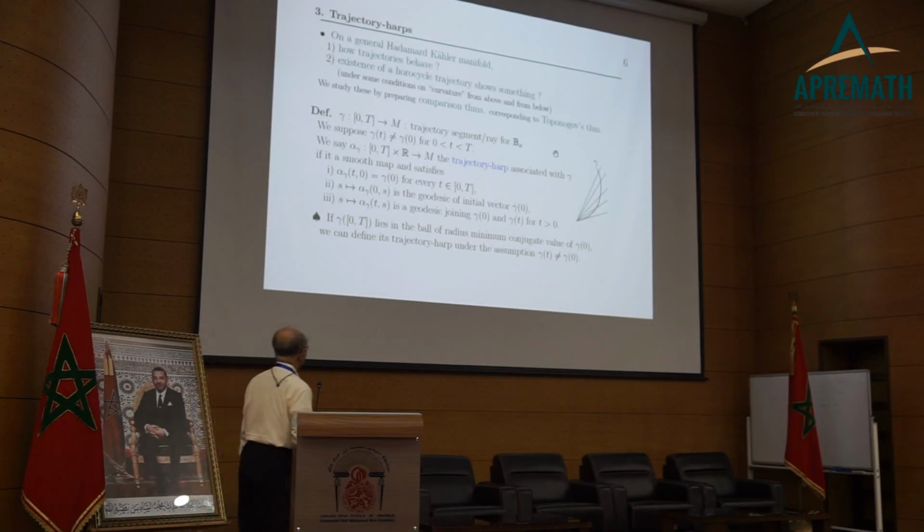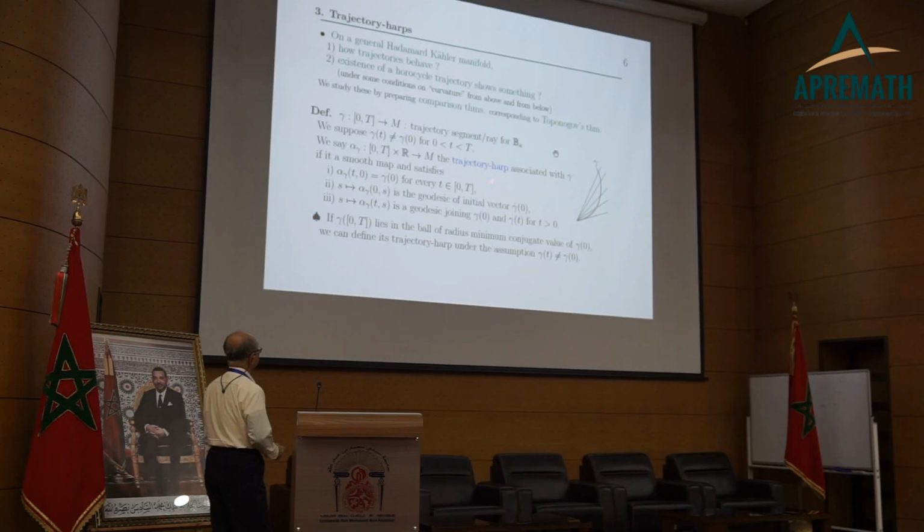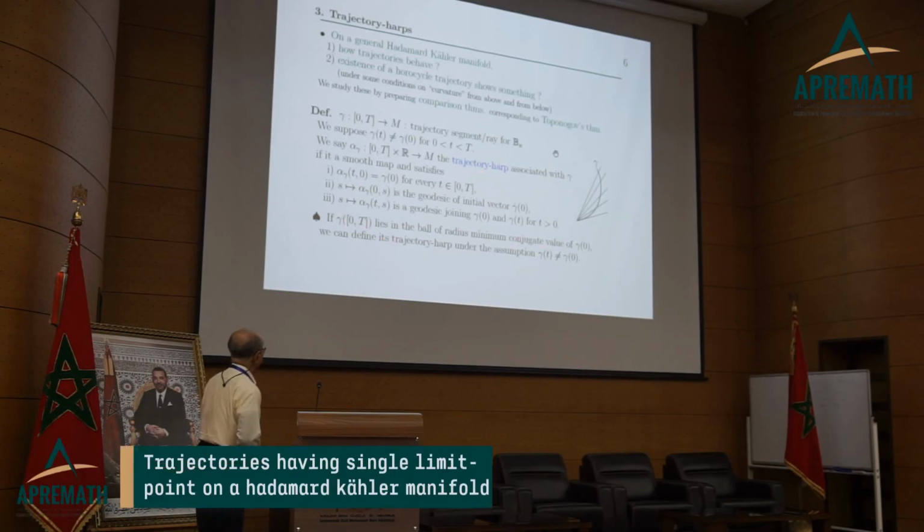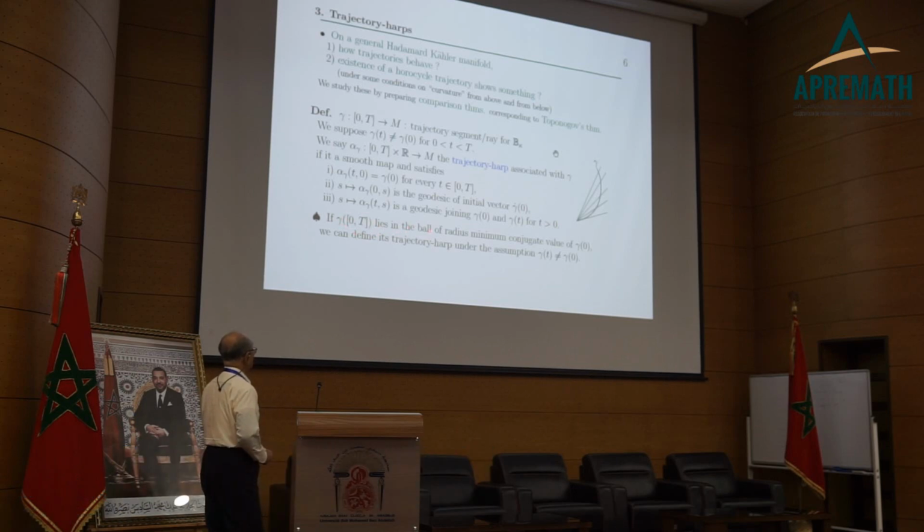We note that when we consider a Hadamard manifold, we do not need this remark, but generally, when the image lies in the ball of radius the minimum conjugate value of gamma 0 around the origin, we can define the trajectory half under this assumption.